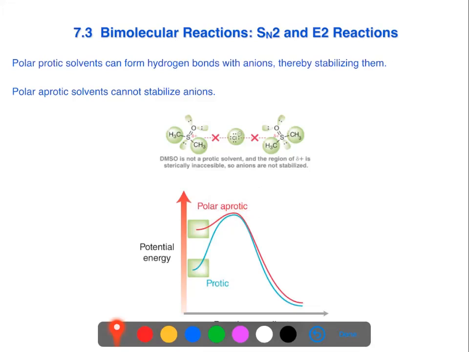That allows the SN2 reaction to occur at a much faster rate, whereas a polar protic solvent is capable of forming hydrogen bonds with the nucleophile, in a sense solvating them, and that makes it more difficult for the SN2 reaction to occur. And so as a result, the energy barrier is going to be significantly higher.